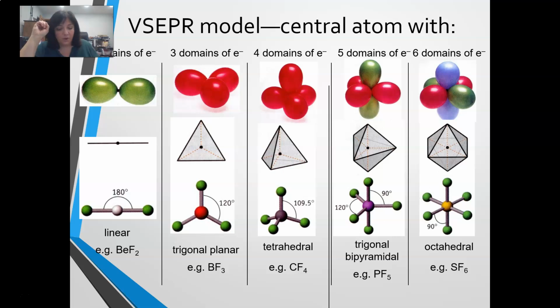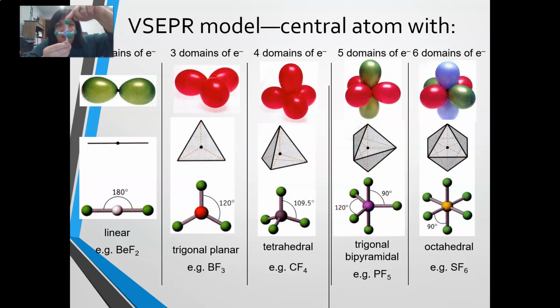And now the new ones, 5 domains. This is called trigonal bipyramidal. If you notice on the equatorial, so we typically hold it like this, if I rotate it, you can see that in the equator, the center part, there are 3 that are 120 degrees apart from each other. There we go. Those are the equatorial atoms or bonds.